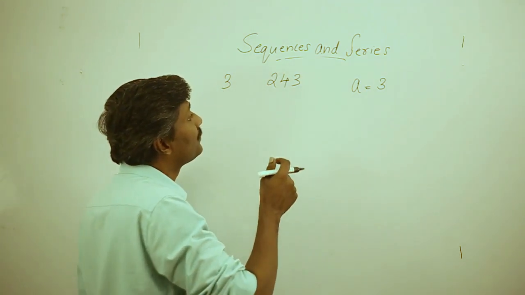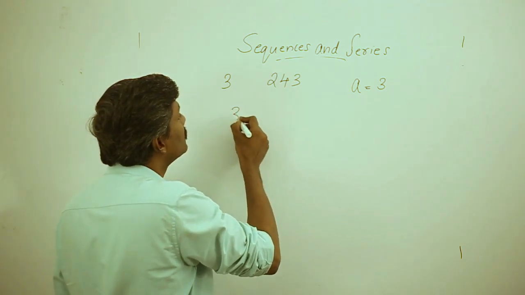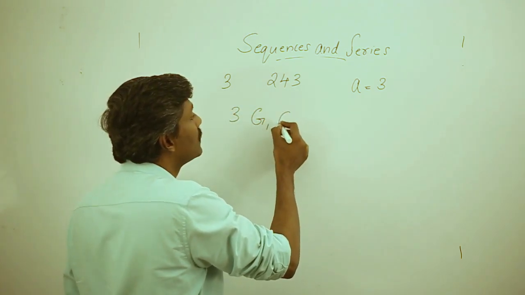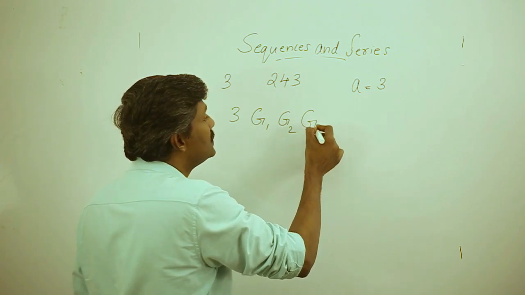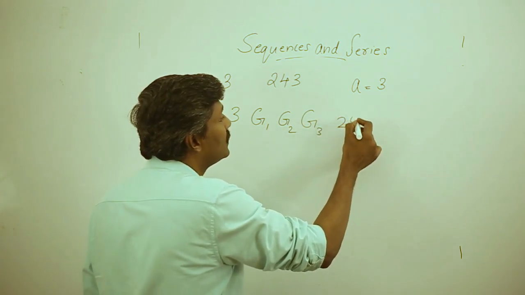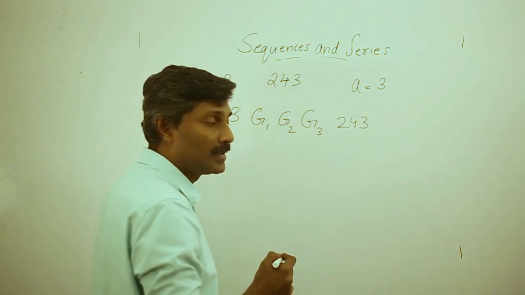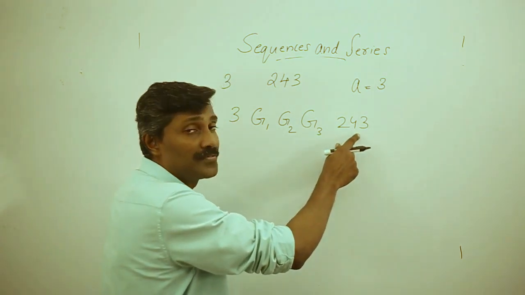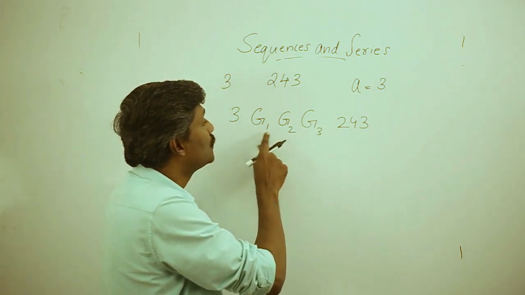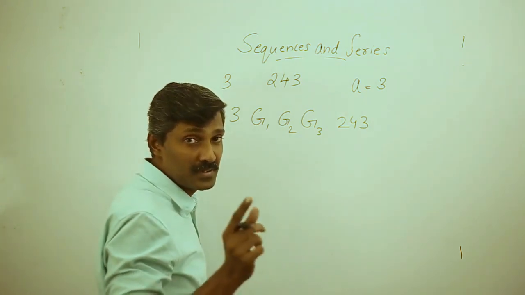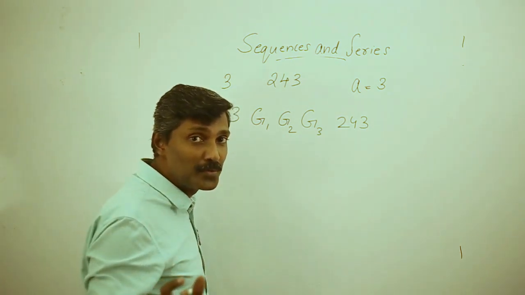So when I add G1, G2, G3 between 3 and 243, then I see that 243 is the fifth term of this GP. Is that clear to you?